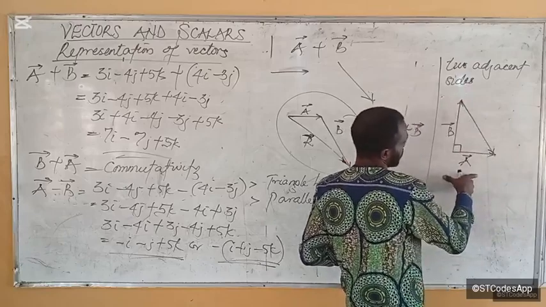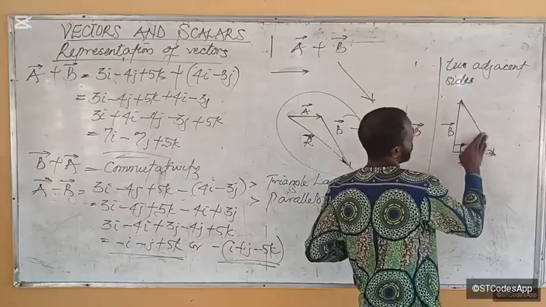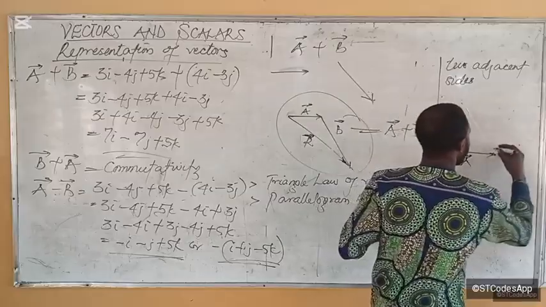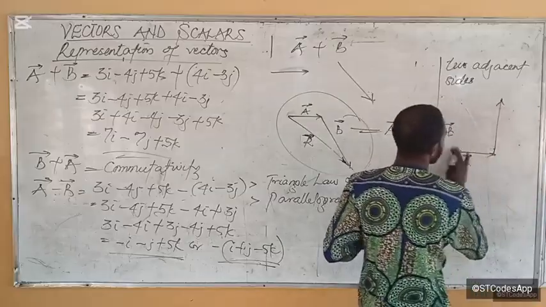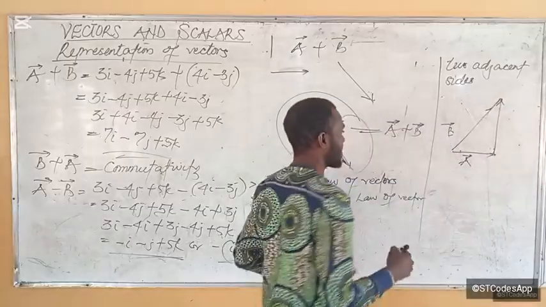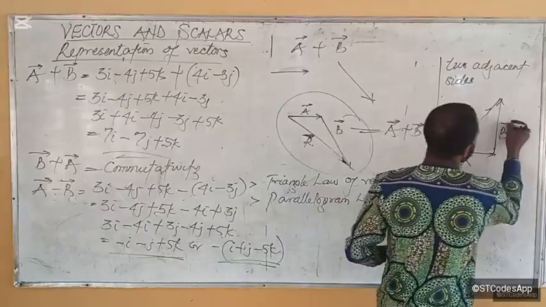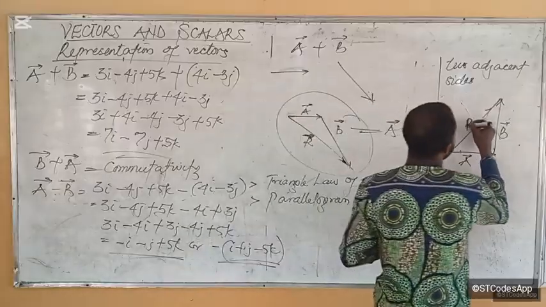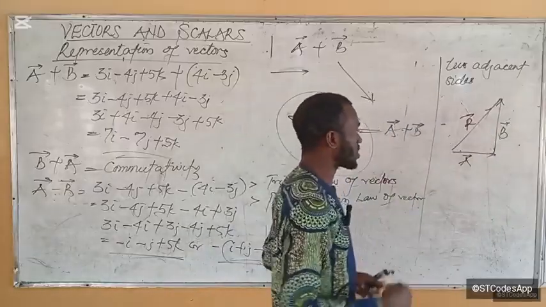Is that clear? Two adjacent sides represented in magnitude and direction. That is, the first side below there represents vector A, the second side on the y-axis represents vector B. The resultant is the magnitude of the third side. Do you understand?